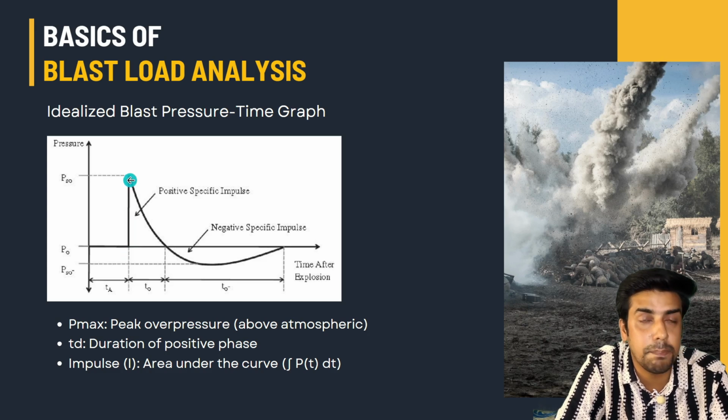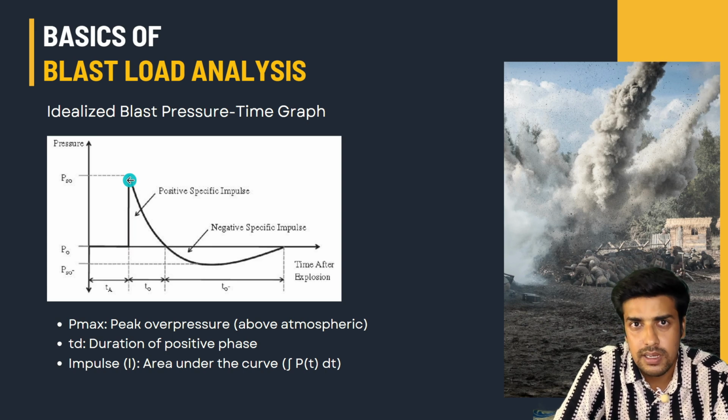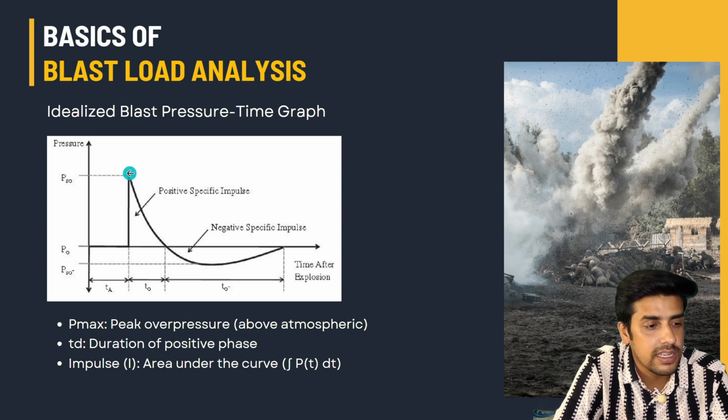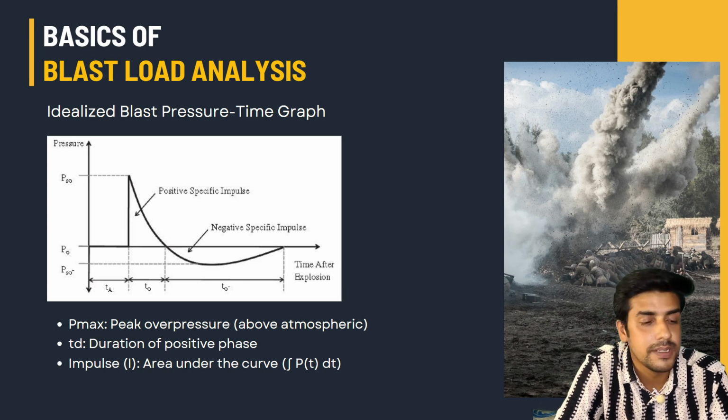We suddenly get a very high peak impulse energy toward our structure, and then over time it starts to decrease. The part below the x-axis is the negative specific impulse, known as the suction. You can also study it in wind load analysis. Whenever the wind impacts, it gives suction to the leeward side.